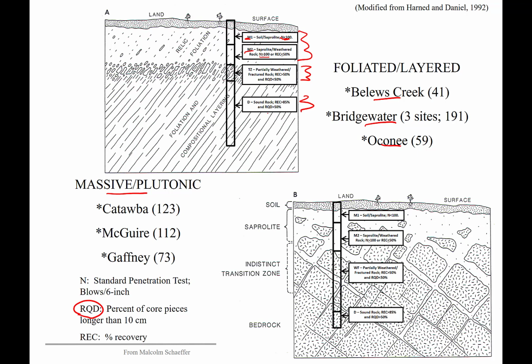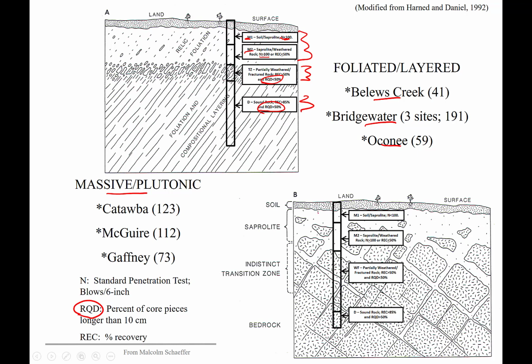So sound rock is based on an RQD of greater than 50%, and this transition zone of partially weathered or fractured rock is an RQD less than 50%. So these measures allow the identification of transition zone and these other zones in an objective way.